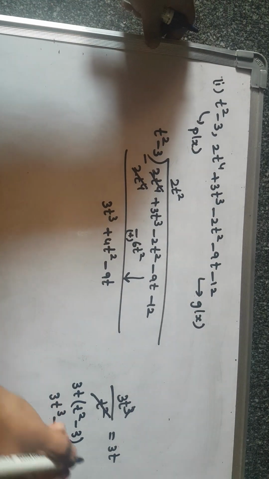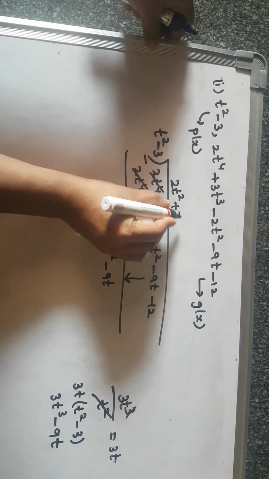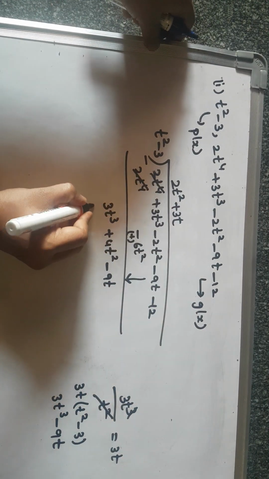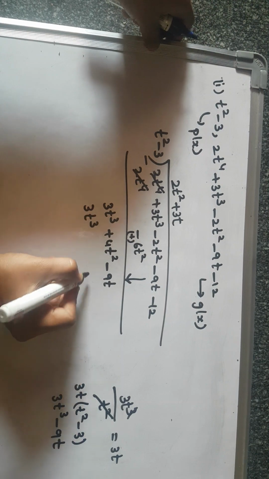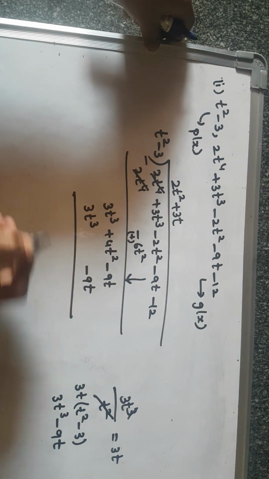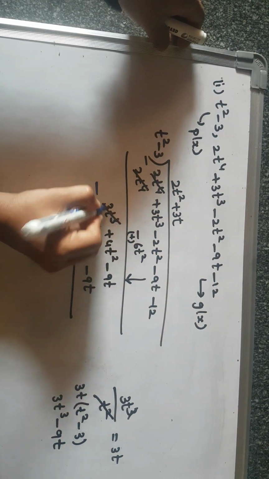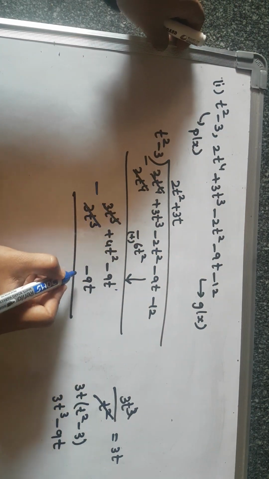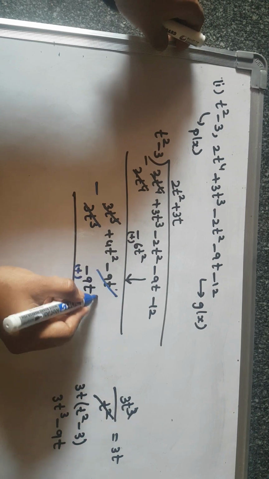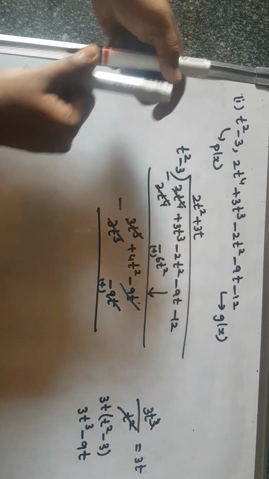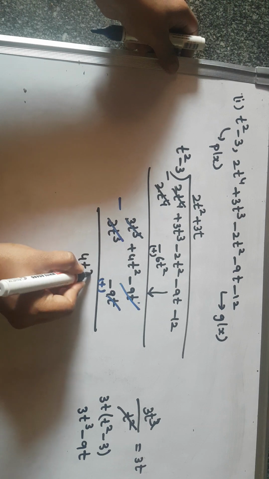Now write here 3t cube minus 9t. Again subtract, cancel this out, minus into minus becomes plus, so this value is also cancelled and 4t square comes down.